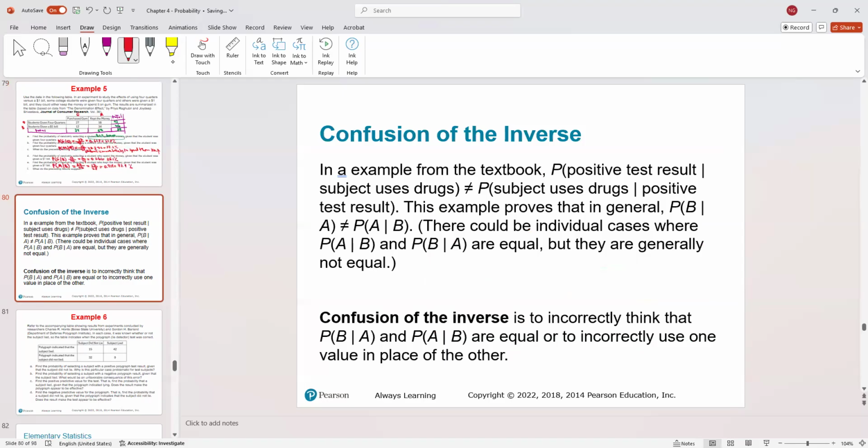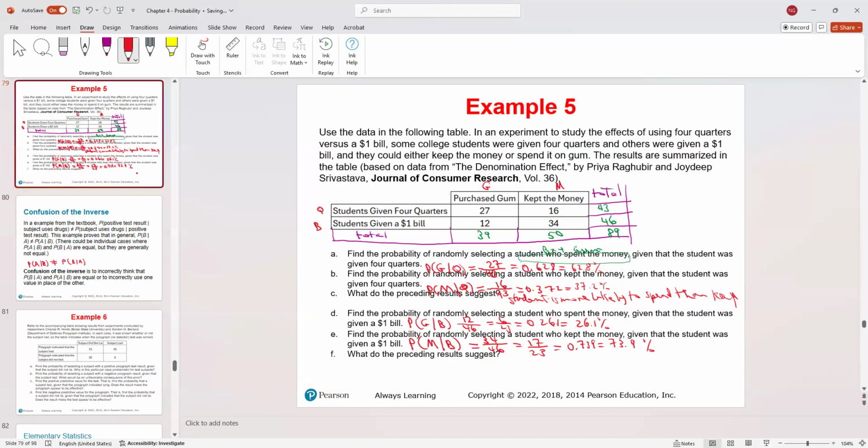So remember, when we said probability of A given B is not equal to probability of B given A. If you want to see it from the previous examples, look, if I do probability of G given Q, the first one I did, 27 over 43, we see it gives you 62.8%.